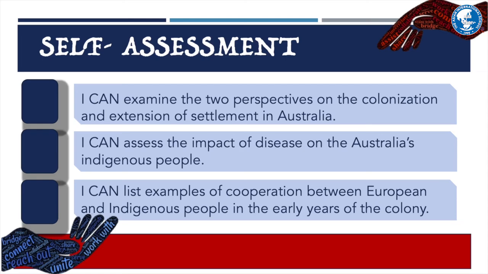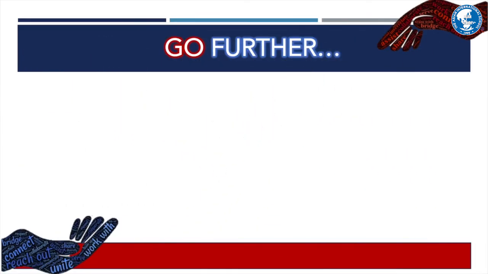If you can do it, then put a tick. Now, let's have the second one. I can assess the impact of disease on Australia's Indigenous people. Now, if you have a question or you don't understand, put X and try to review the lesson again. Now, do it. Now, this is our question for this week.